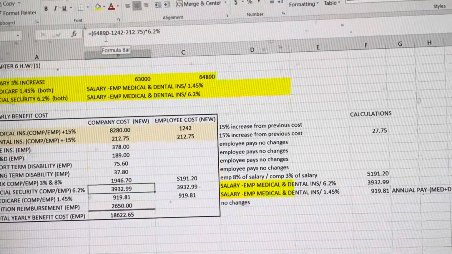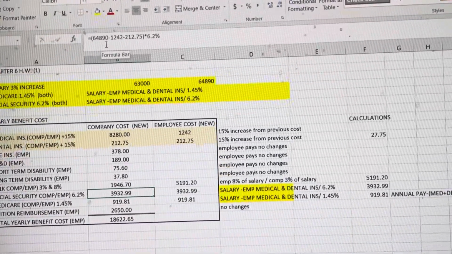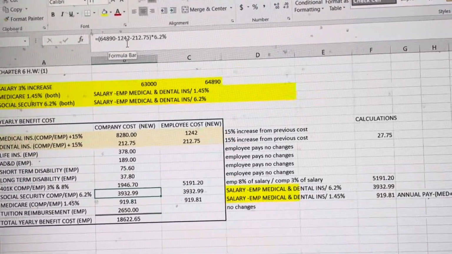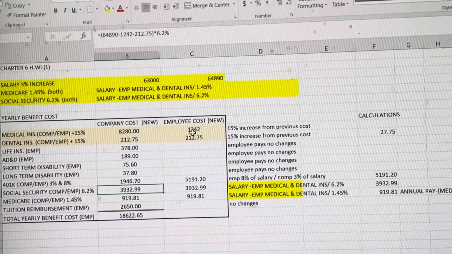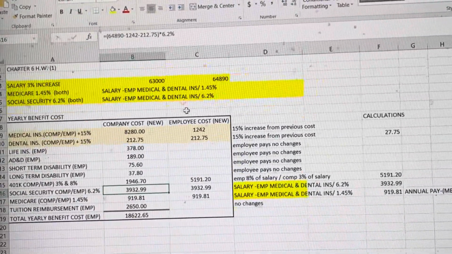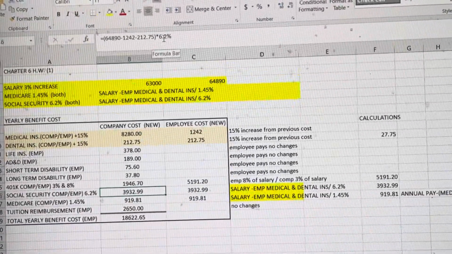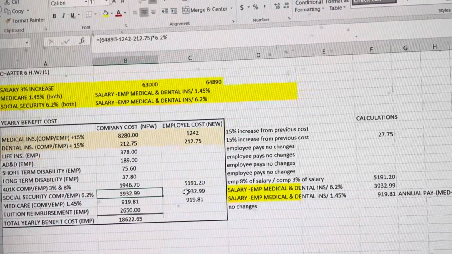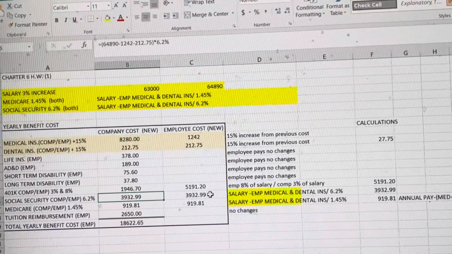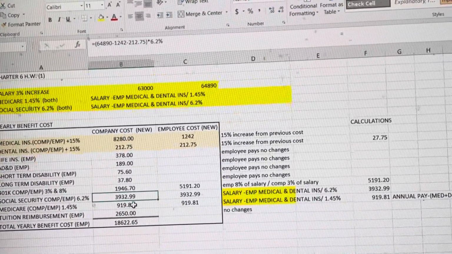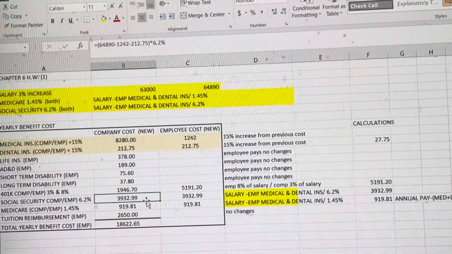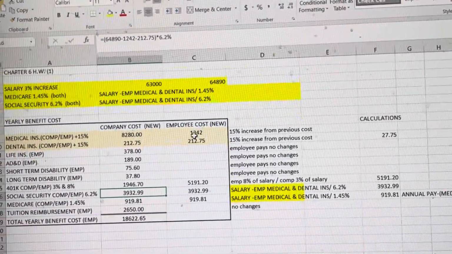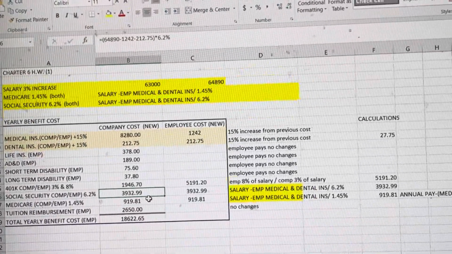As you can see here, the new salary, and then I deduct the payment for the medical insurance, which is this, and also the dental insurance, times the rate of 6.2%. That's how you get the number here. It's the same contribution for the employee and also for the company. So just remember that for the new salary, you have to deduct the medical and dental costs, and that's how you get the number.